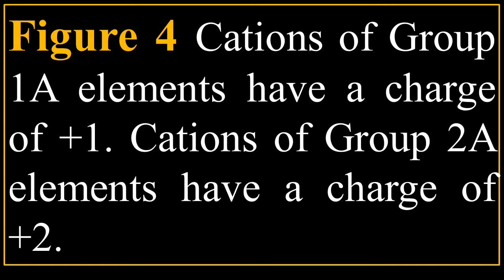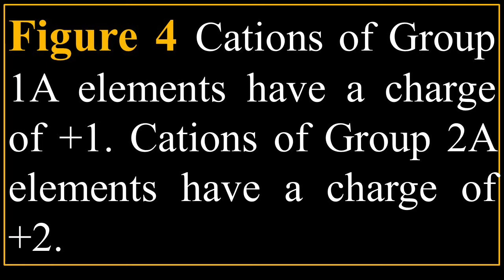In Figure 4, cations of group 1A elements have a charge of +1. Cations of group 2A elements have a charge of +2. Group 1A is just 1, and 2A is just 2, depending upon which version of the periodic table you're using.